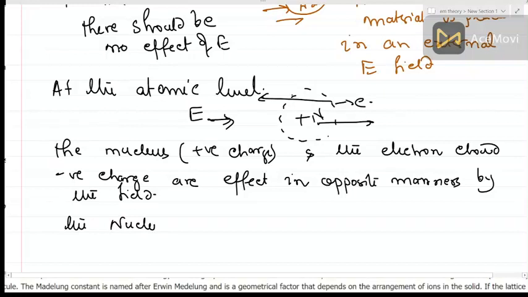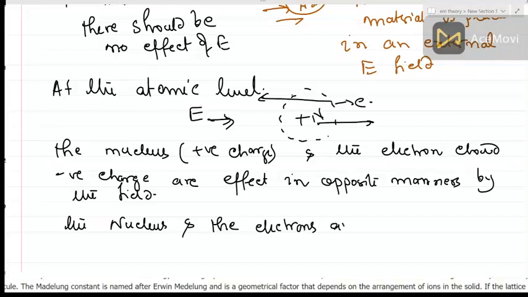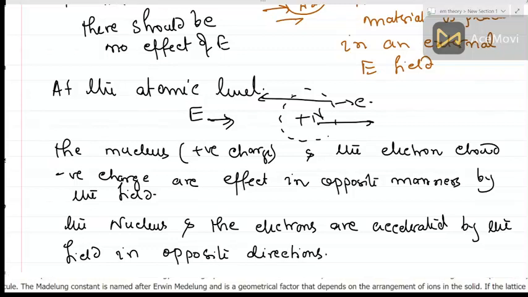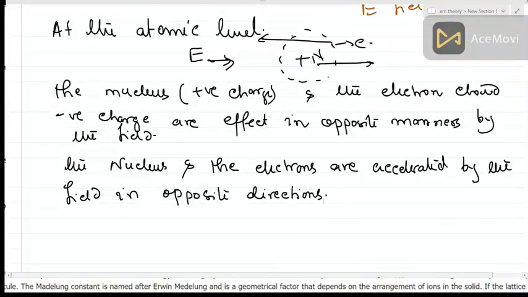When you apply this electric field in the right direction, the nucleus will be accelerated in this direction and the electrons will be accelerated in the opposite direction.